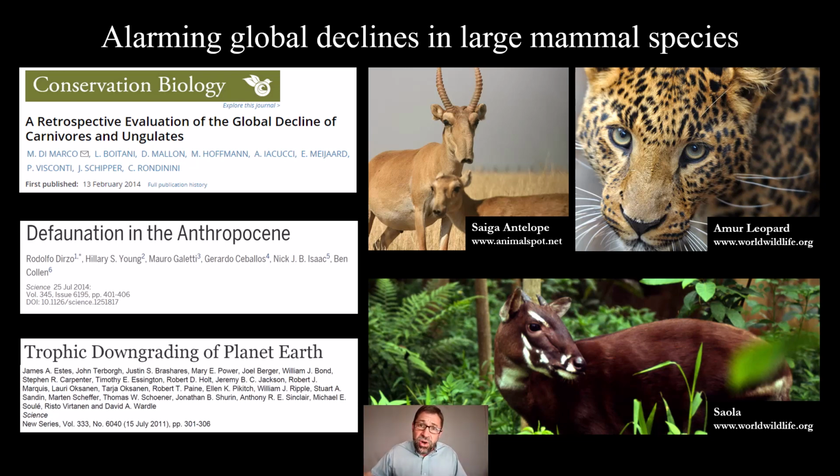These losses are especially disconcerting to us ecologists because we recognize the outsized role that large mammals play in structuring ecosystems. We've talked about how large carnivores can cause trophic cascades. Their removal causes all of these widespread perturbations in the system.